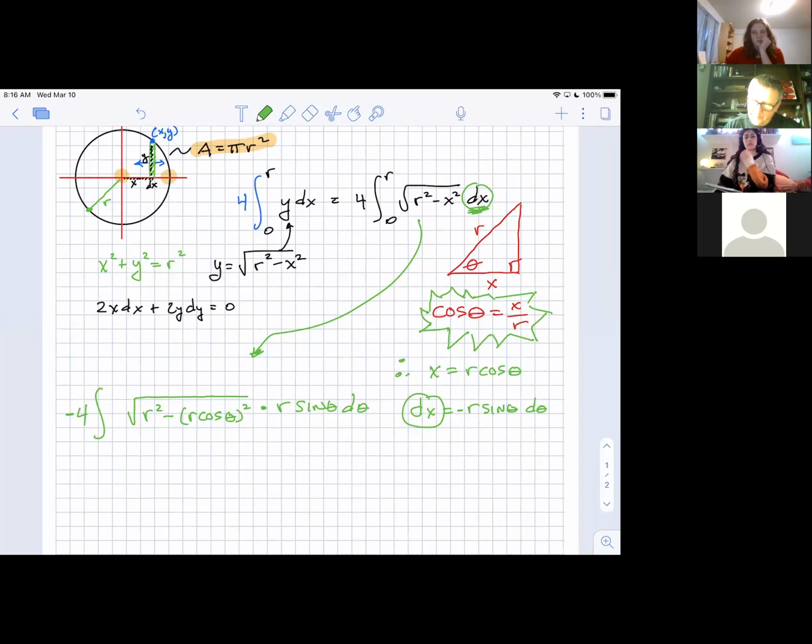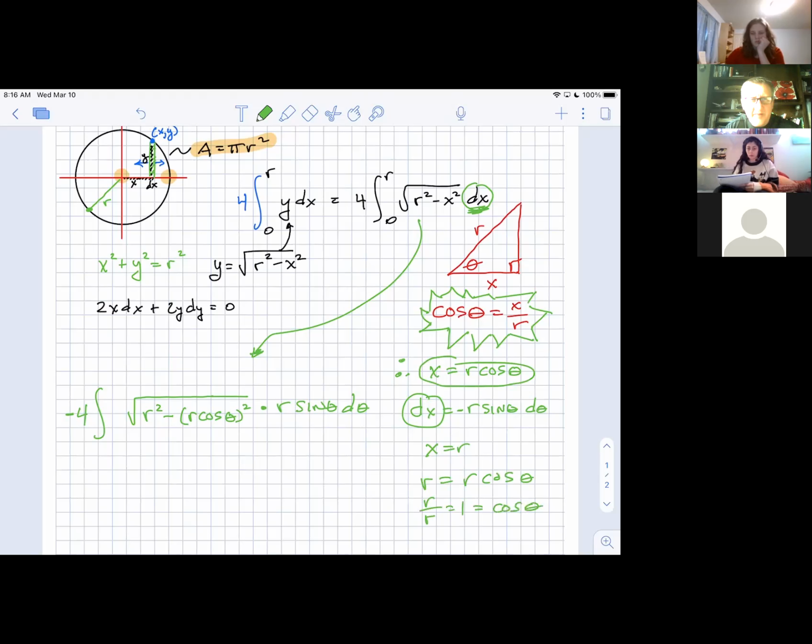So notice for our limits of integration, we said x was equal to r. So this is our equation right here. If x was equal to r, then we'd have r equals r cosine of theta. R divided by r, which is 1, is equal to cosine of theta.